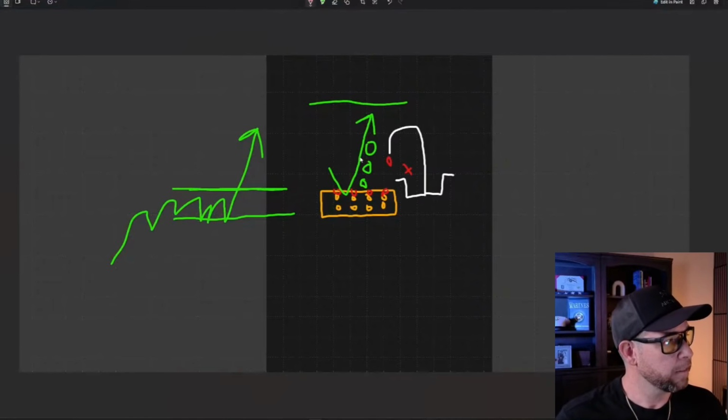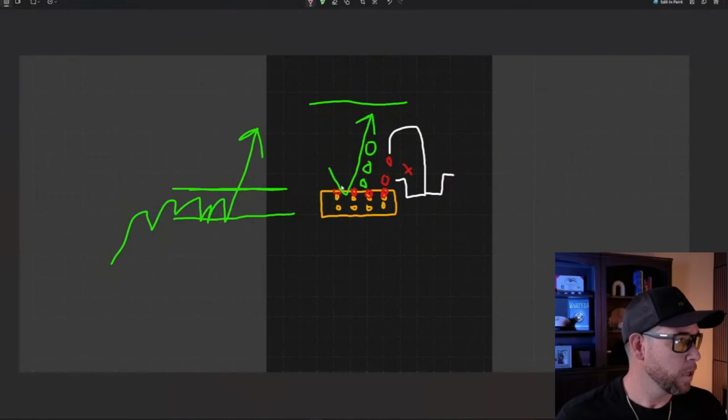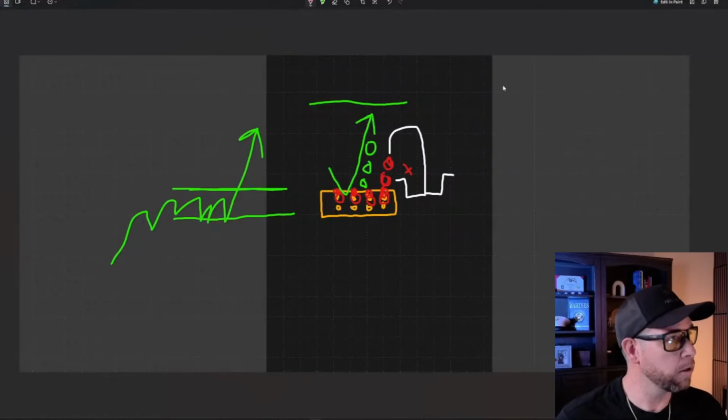But it could be that we drop into this level, right? And it's being absorbed, but the absorption has been going on for a while, and these drips become heavier and heavier, and the sponge is getting saturated, right? More and more people are wanting to sell.